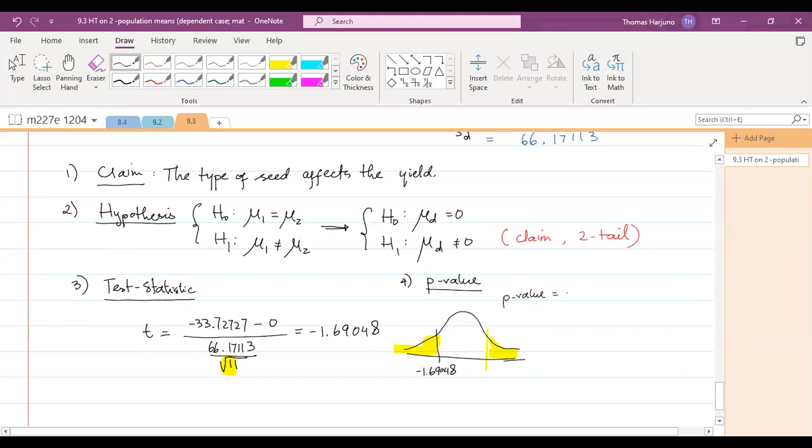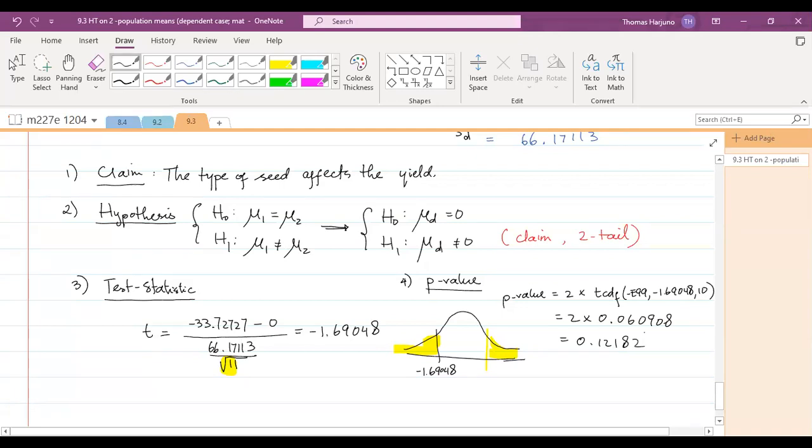So the p-value is 2 times TCDF of negative 1.69048, degree of freedom 10. That gives 0.060908, and when I multiply by 2, that's 0.12182.